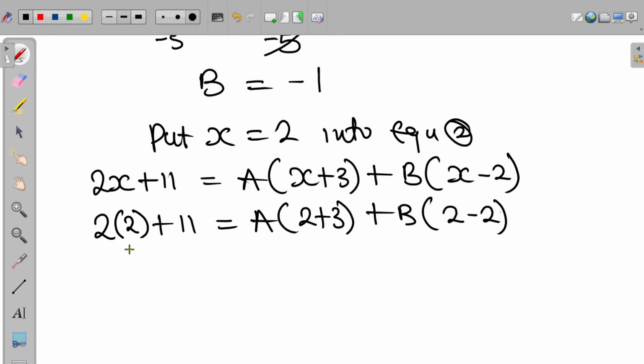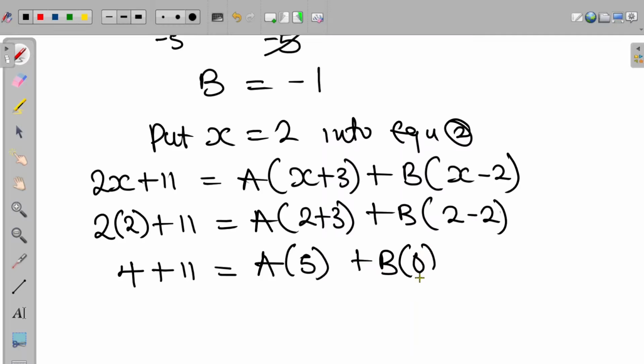So 2 times 2 is 4, plus 11, equals A multiplied by 5, because 2 plus 3 is 5, plus B multiplied by 0. We can eliminate B because B times 0 is 0. So 4 plus 11 is 15, equal to 5A.